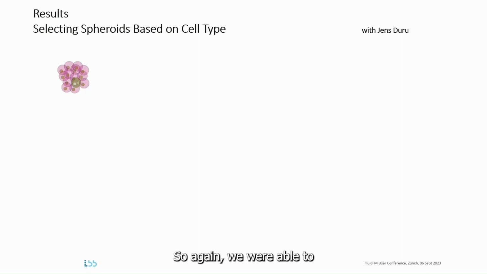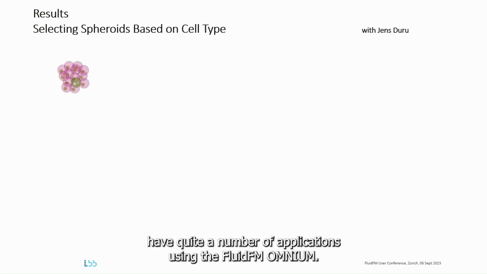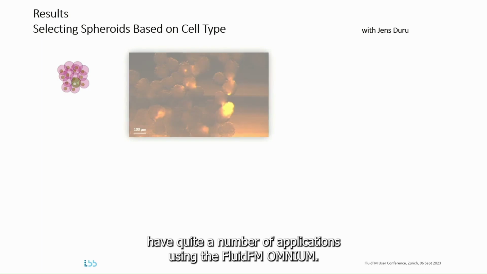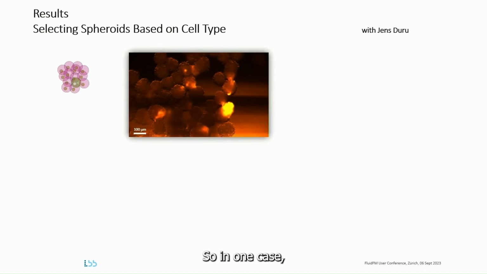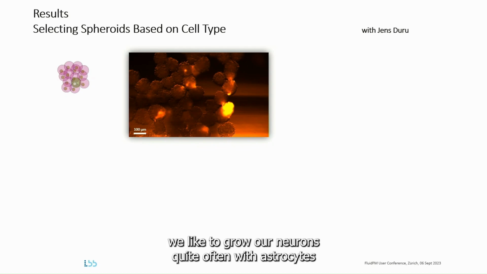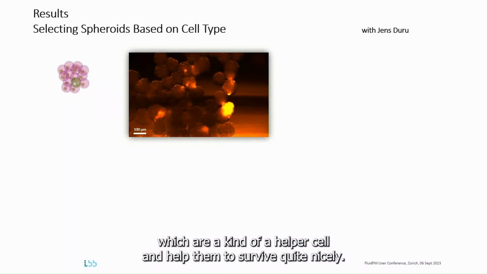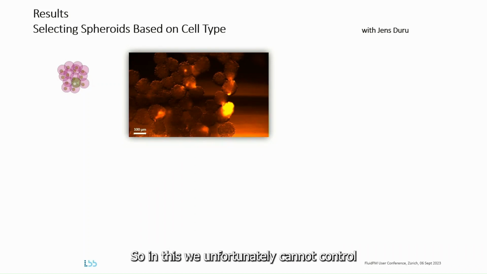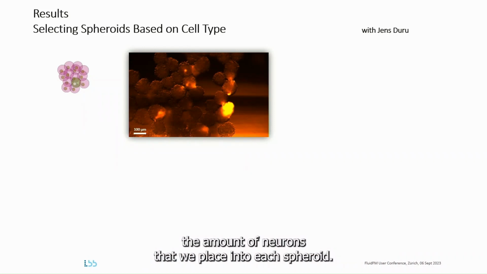So again, we were able to have quite a number of applications using the OMNIUM. So in one case, we like to grow our neurons quite often with astrocytes, which are kind of a helper cell, and help them to survive quite nicely. So in this, we unfortunately cannot control the amount of neurons that we place into each spheroid.